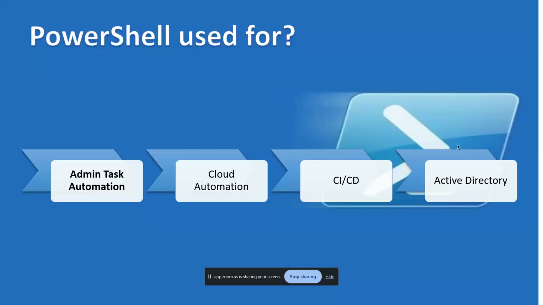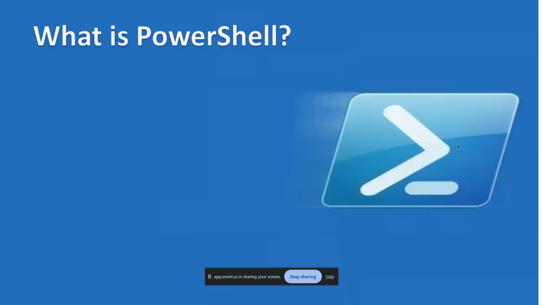Apart from this, we have many areas where we can use PowerShell. And basically, what is PowerShell? We have discussed where we can use PowerShell and what kind of tasks we can automate. PowerShell basically is used to automate stuff, right? And daily we will use this PowerShell.